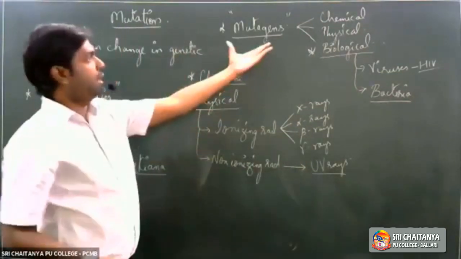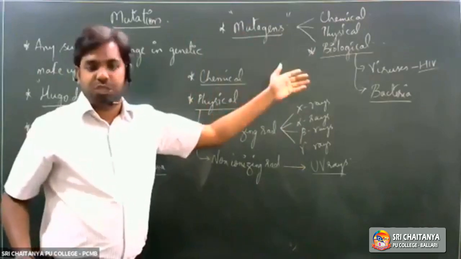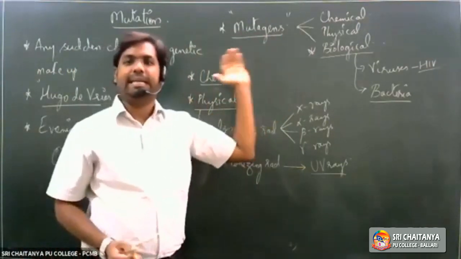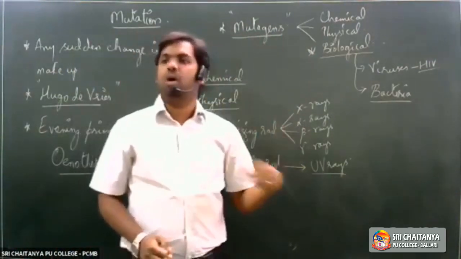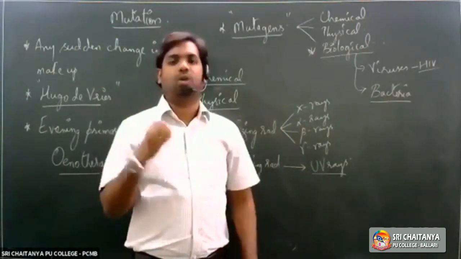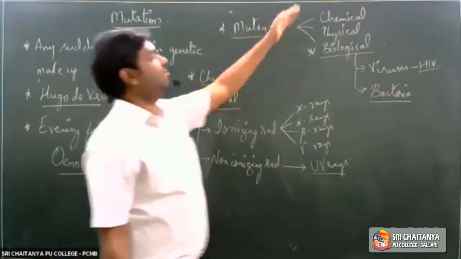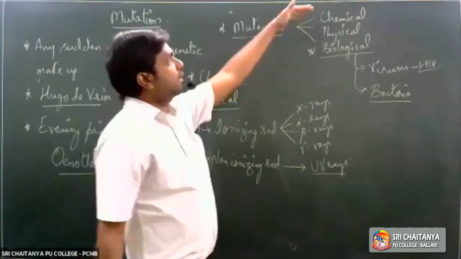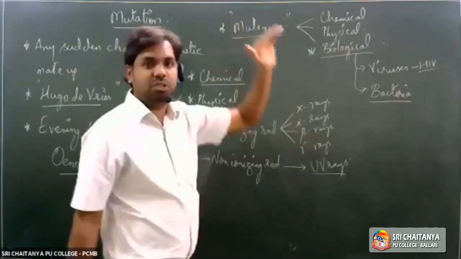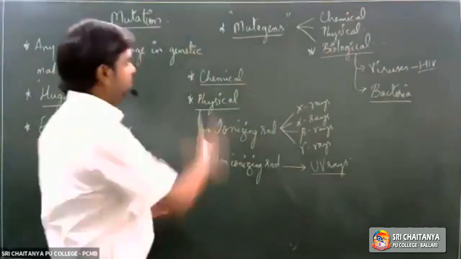Here we are talking about mutagens, mutation generating substances or mutation generating agents. Any substance or agent which generates mutation, we call a mutagen. Broadly, the mutagens could be classified under these three categories: chemical mutagens, physical mutagens, as well as biological mutagens, right? So this is what we have with mutagens.